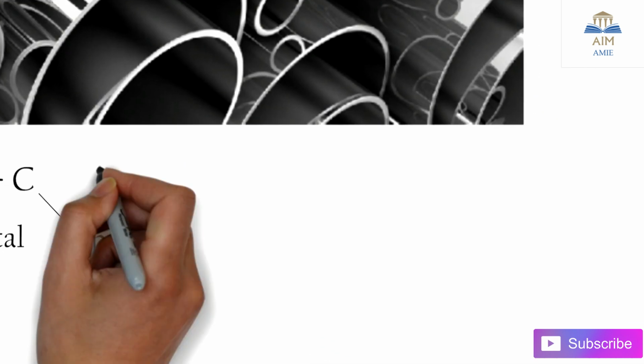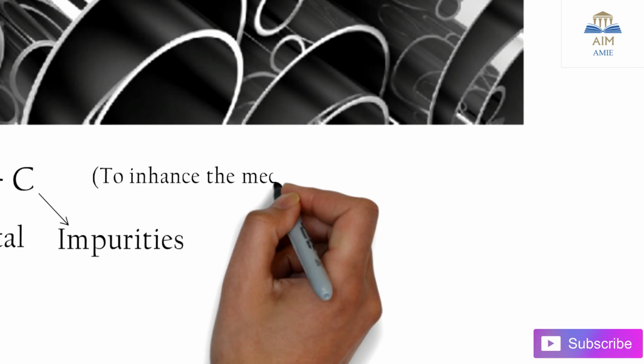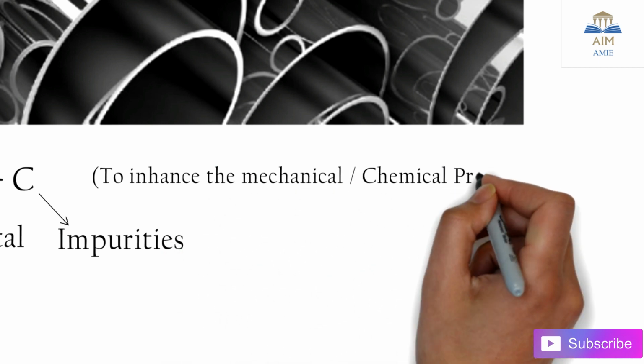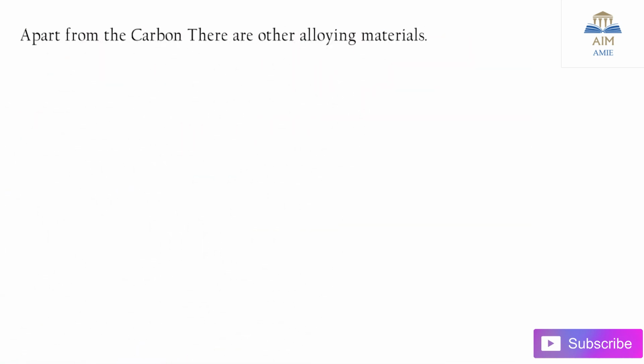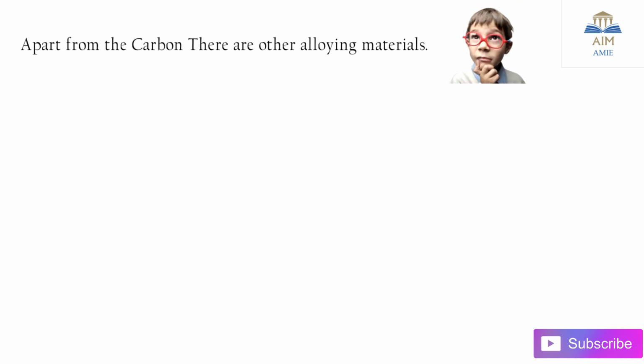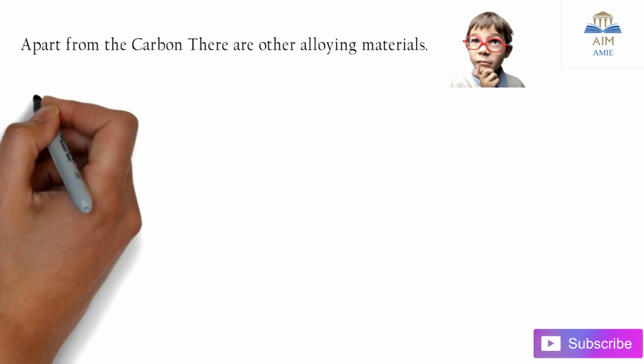Just like that, impurities are added to enhance the mechanical and chemical properties. Apart from carbon, there are other alloying materials, so let's see all of them.